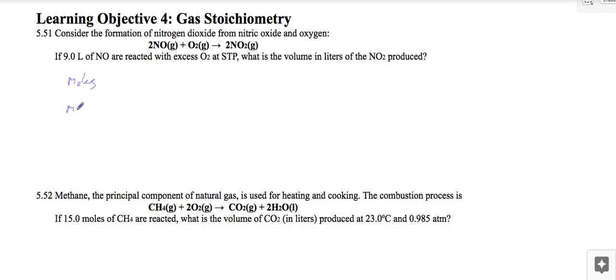And then we go mole ratio. And then we figure out what our answer needs to be in. So moles, mole ratio, out of moles.